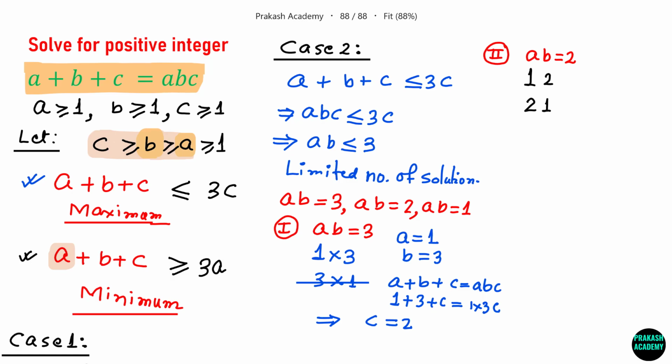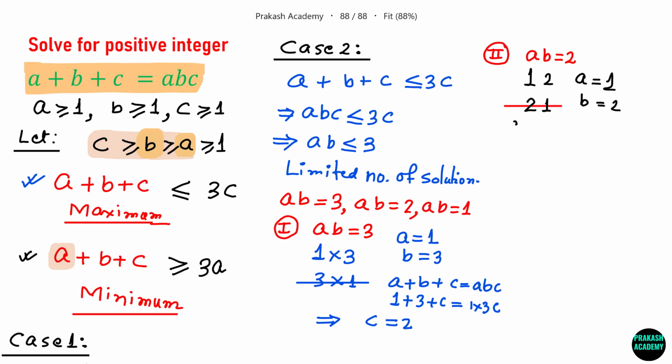But one possibility is ruled out because A is the smallest number. It cannot be greater than B. If A is 2 and B is 1, A cannot be greater than B, so this possibility is ruled out. So we have only one possibility. In this case A equals 1 and B equals 2.